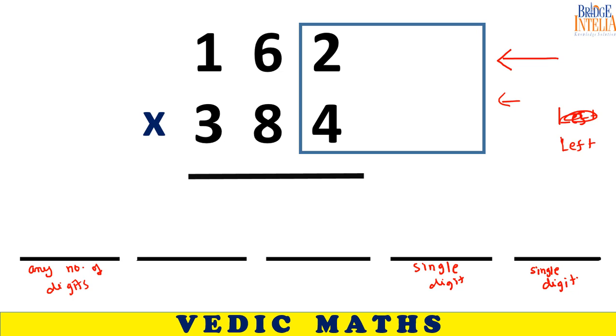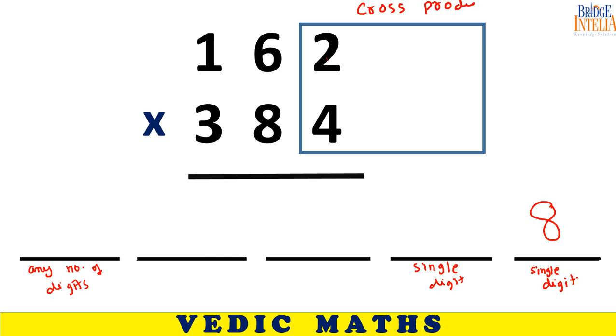At this point the box has only two numbers inside it. Find the cross product of these two numbers. So 2 into 4 is 8. So write 8 here. So this is the cross connection product. One blank space is already filled.